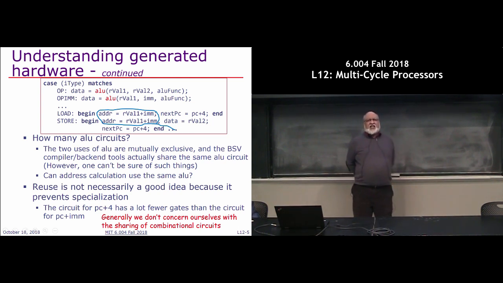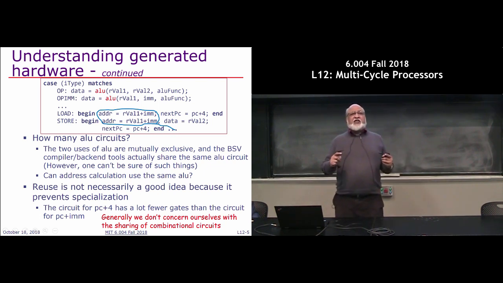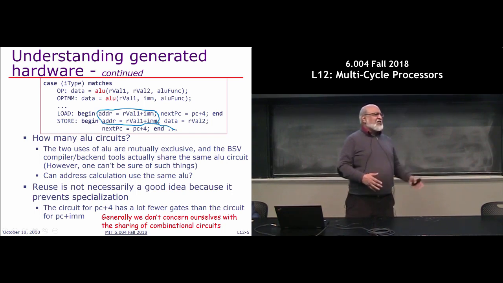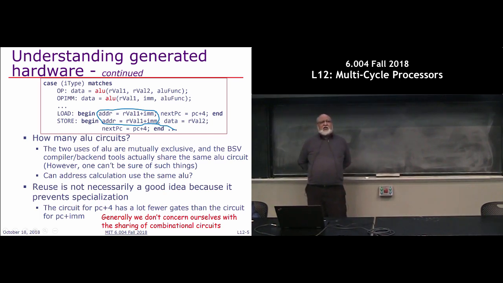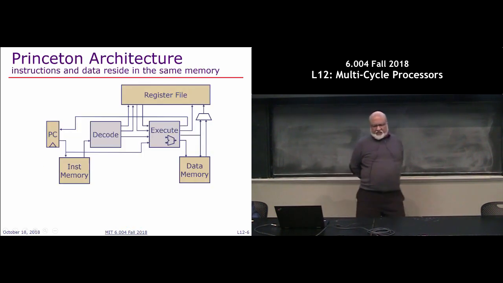So yes, there are times when we'll worry about it, but generally speaking, when we are designing complex digital circuits, we do not worry about the complexity of combinational logic. We worry about it only after the fact. After we do synthesis, we say, how come this part is taking so much area? How come this part is running slowly, etc. So for the next few lectures, no attention will be paid to sharing of combinational logic.